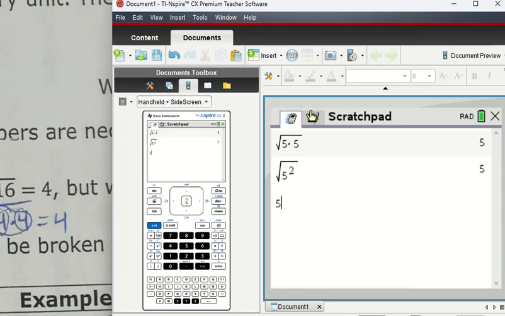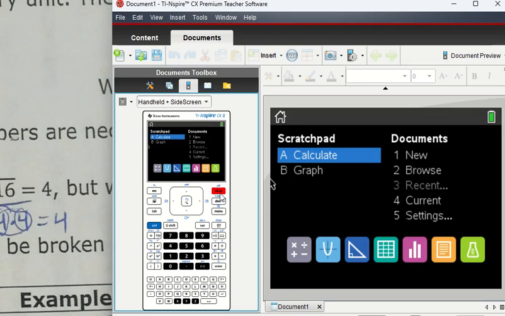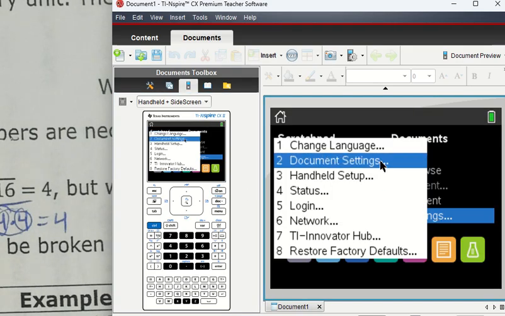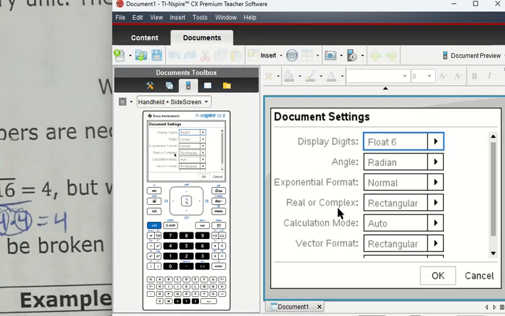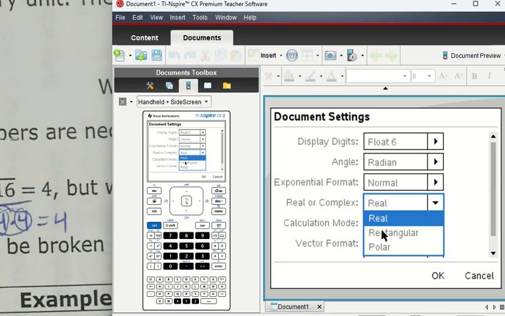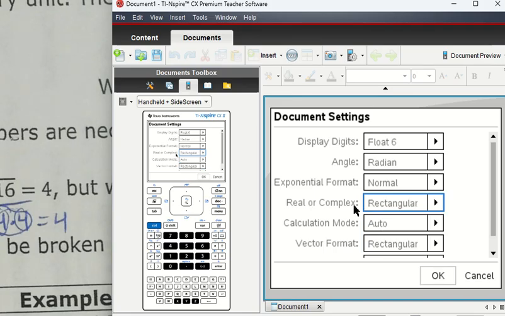Your calculator, if it's in the correct settings, double check. It will have to be settings, document settings, and right here where it says real or complex, we want to use not the real, that's just the numbers we've been using up to this point, but I need you to switch it to rectangular. That way we can have complex numbers be used.